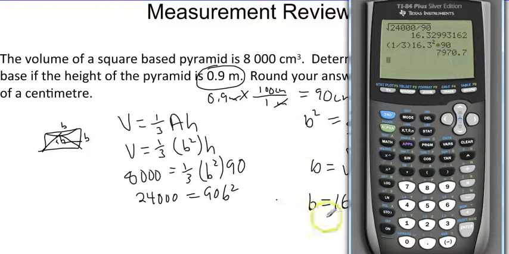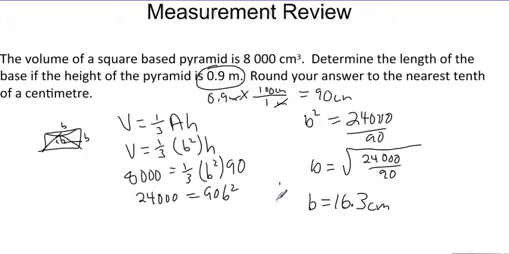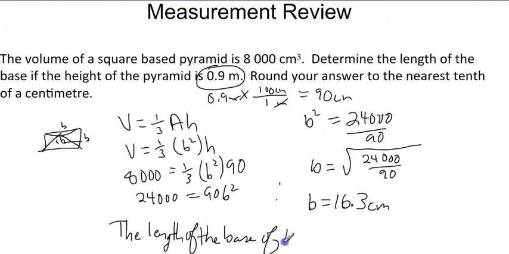That's the look back, right? I can go back and check and say, yeah, okay, good. Okay, so there's the length of the base, so we get the length of the base of the pyramid is 16.3 cm.